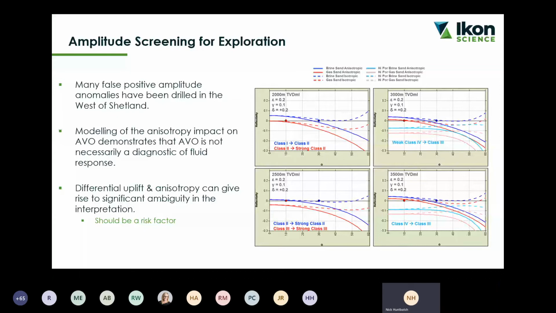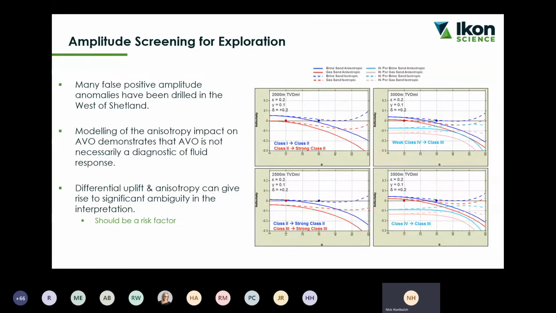So the gradient becomes a lot steeper, which basically means that we change our AVO classes. So we might go from seeing, for example, in this case, we're expecting a class 2 for a gas response in the isotropic case. And then if we add a bit of anisotropy into a brine case, we actually start to get to responses which are very similar.